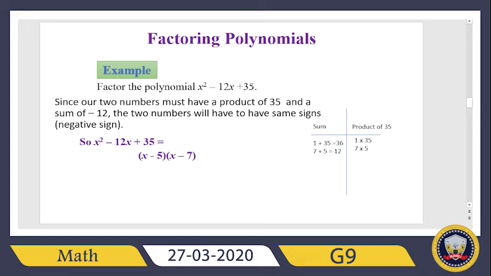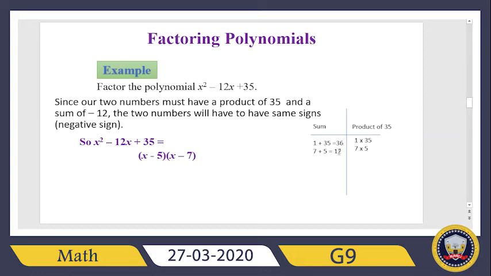Do I have any other two numbers that multiply to 35? I don't believe so. So my only factors are 1 times 35 and 7 times 5. On the other side of the table, I add each pair of factors: 1 plus 35 gives 36, and 7 plus 5 gives 12.